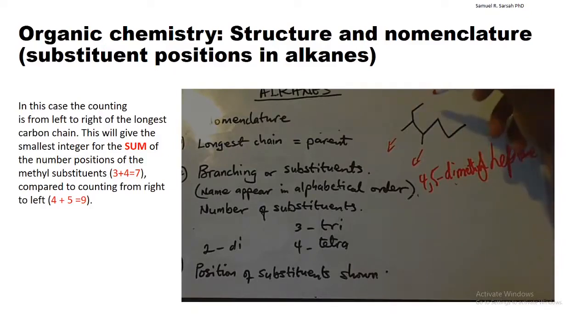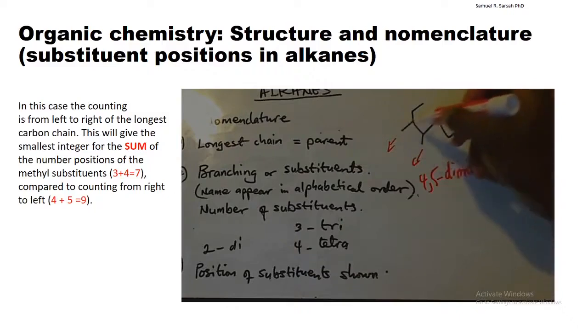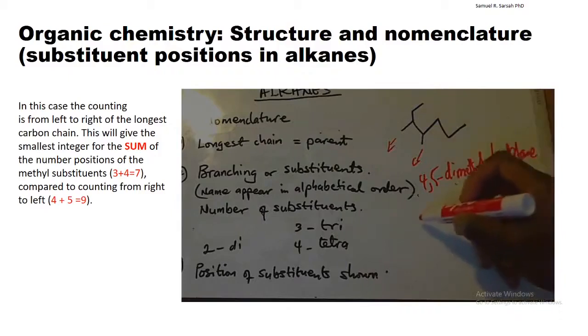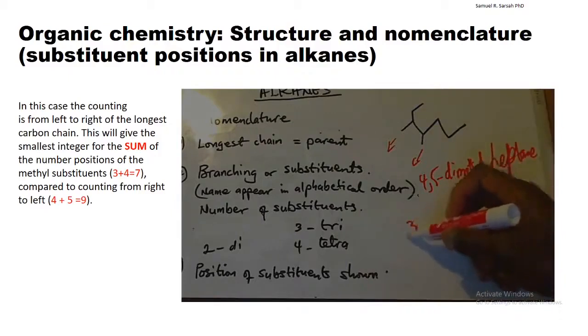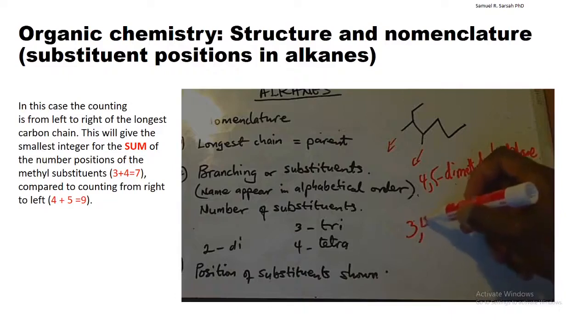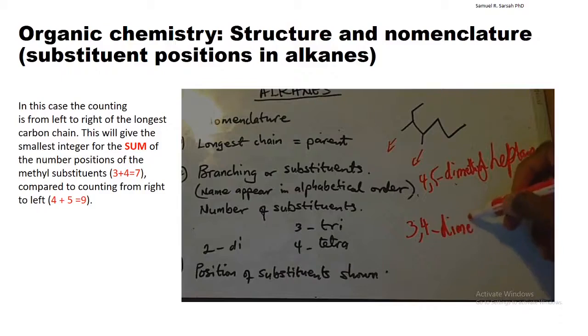But if you're counting from here, starting from here and ending at here, you get a different number. You have 1, 2, 3, 4. So this will be on position 3 and this will be on position 4. So you're going to have 3,4-dimethylheptane.